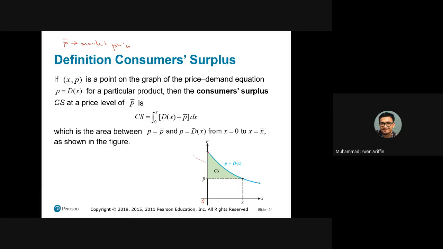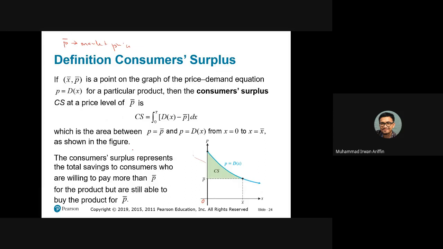Here we apply the concept of definite integral. This looks like a triangle, but it's not actually a triangle because it's a curve. So we find this whole area from 0 to X bar, and then subtract this rectangle from it. The area between d(x) and P bar from 0 to X bar is the consumer surplus.